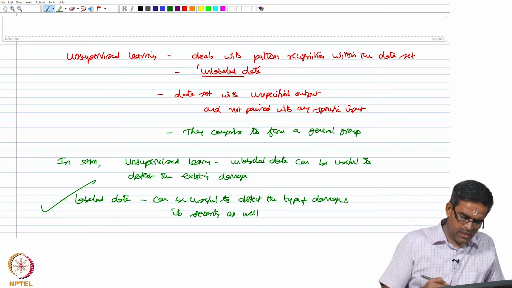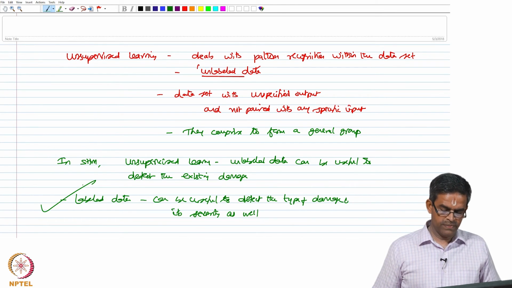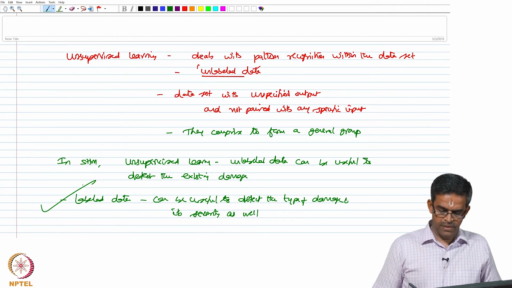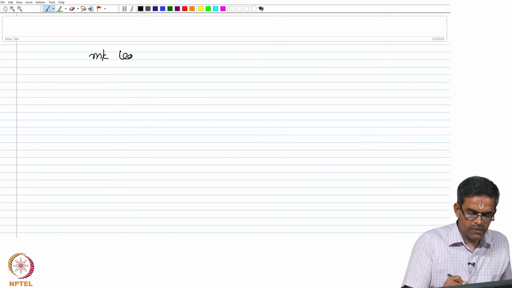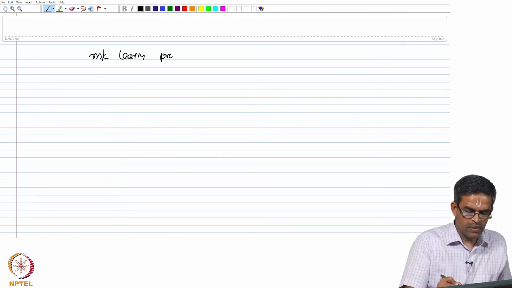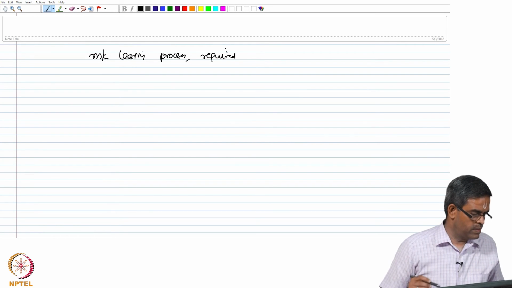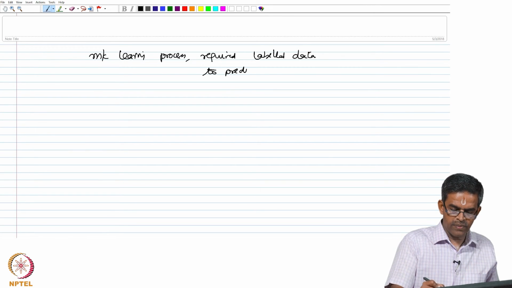So, one can say that labeled data is an extended advantage of machine learning process when you employ it in structural health monitoring. So, the machine learning process requires set of labeled data to predict new data.